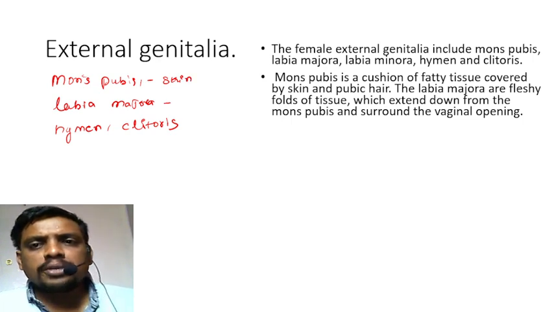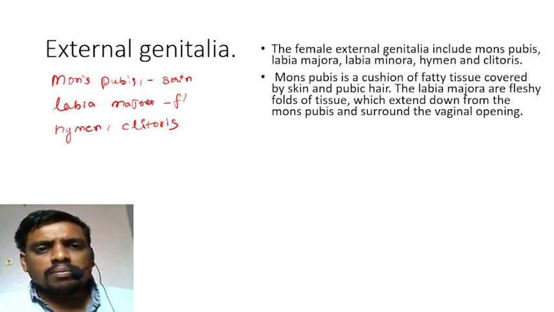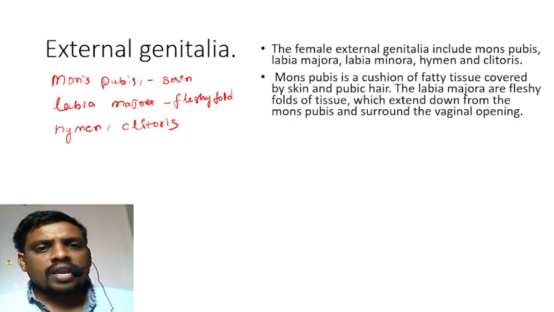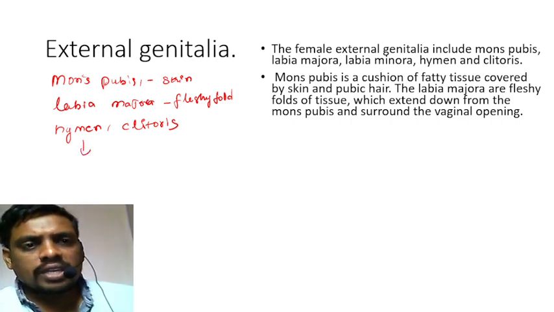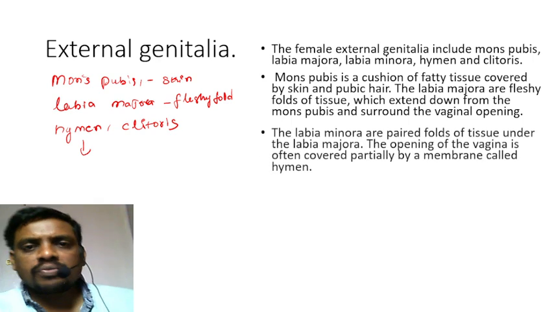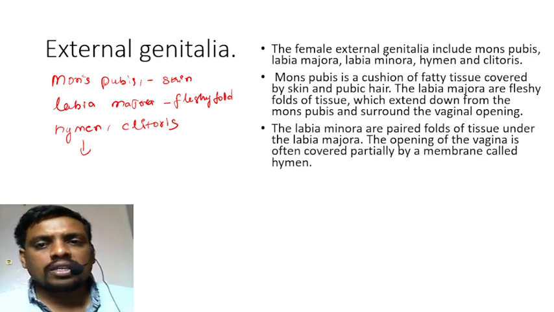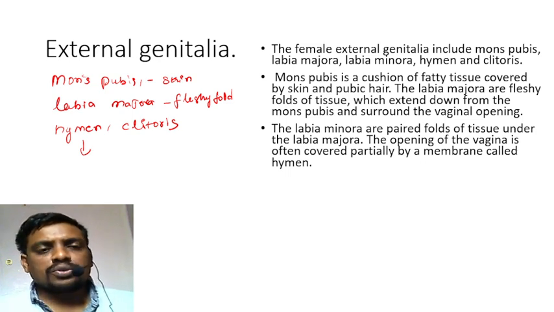The labia majora is a fleshy fold of tissue which extends down from the mons pubis and surrounds the vaginal opening. Labia minora are folded tissues under the labia majora.